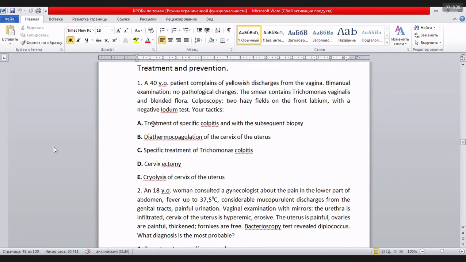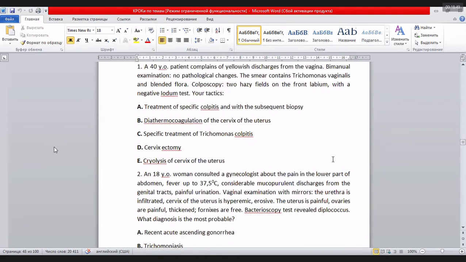That's why first of all, we need to treat this colpitis and then take biopsy, and then maybe any treatment is possible after receiving the results of this biopsy.